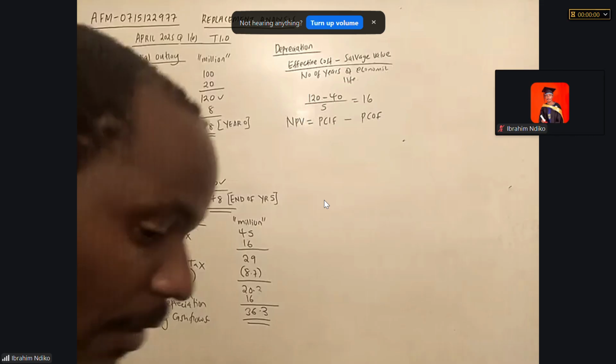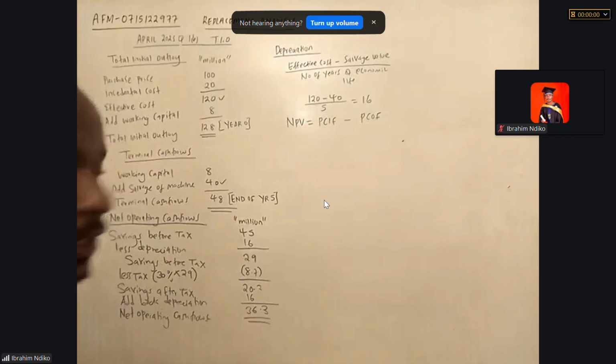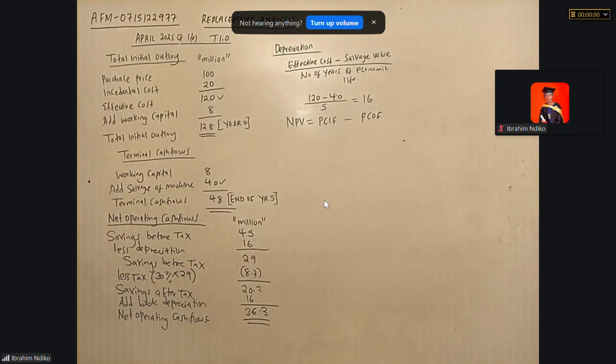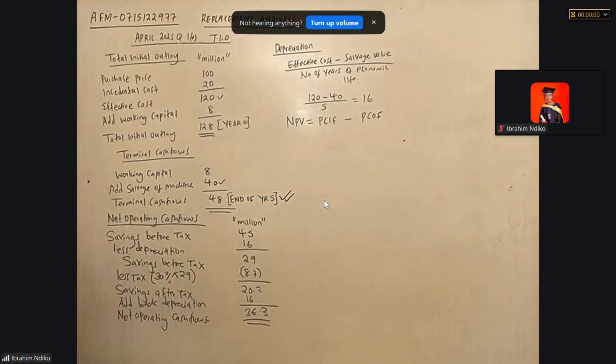Now, I hope you can see the board. Yes. So we are saying for you to calculate NPV, you take the present value of cash inflows minus the present value of cash outflows. Sivyo? Now in this case, we have two cash flows. Number one, the terminal cash flow, because this is the benefit at the end of year 5.